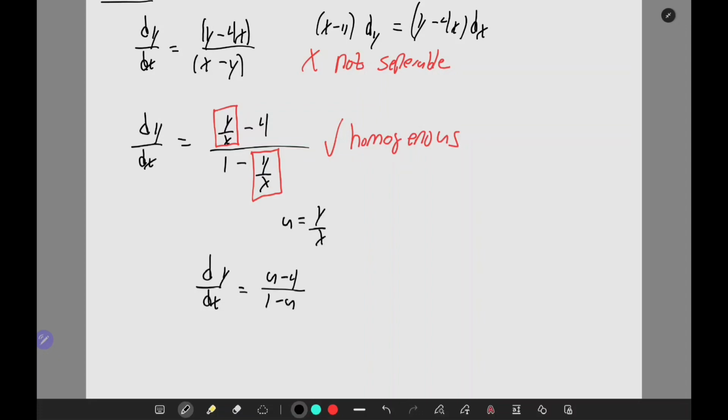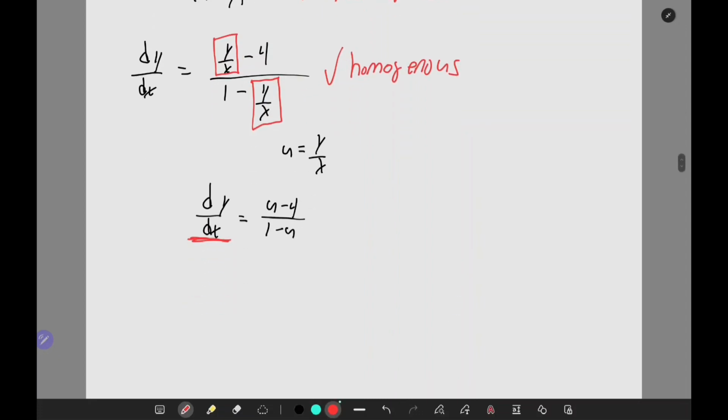Just one issue. We have this dy/dx term here. So I'm going to rewrite this over here. We're going to have y equals u times x. This allows us to solve for dy/dx. So now we can solve for y prime, or dy/dx, which is equal to, you have to do the product rule, right?